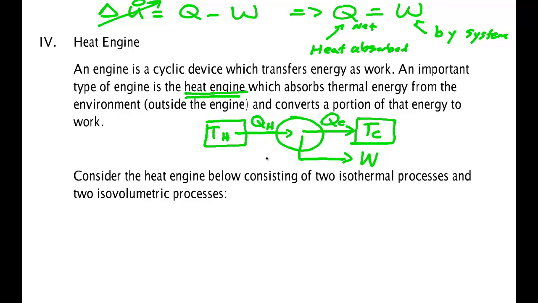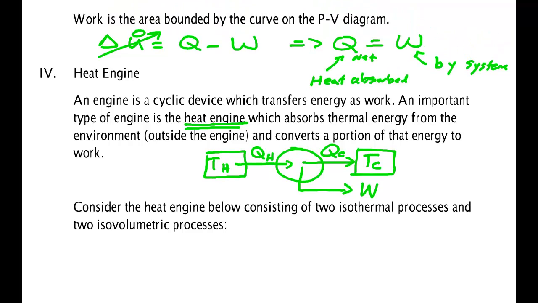So let's say we take in 10 joules here, maybe 6 joules goes there, 4 joules come out as work. So when I say Q net, what I mean is the difference between the amount of heat that we bring in and the amount of heat that we take out.